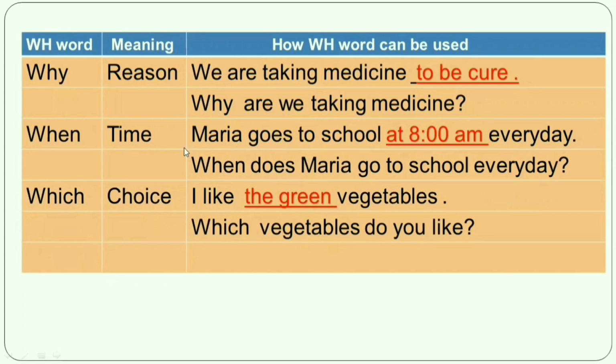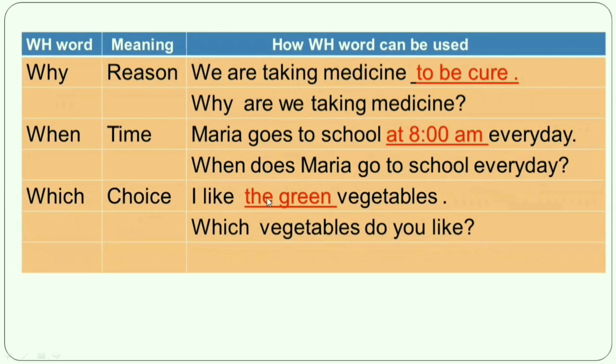So right here "does". And the subject Maria, then V1, that means the present form of the main verb, "go", and the other words, "to school every day". When does Maria go to school every day? And at last, a question mark will be given.